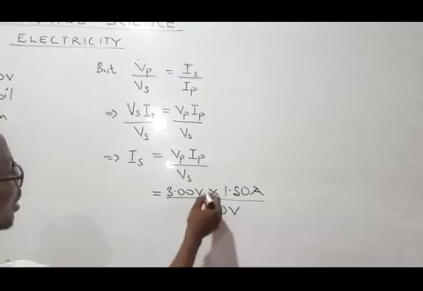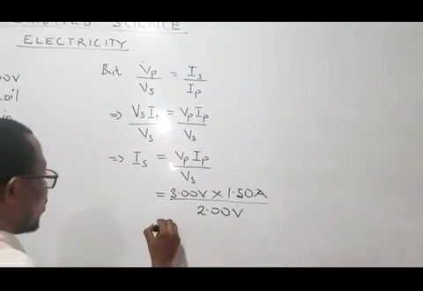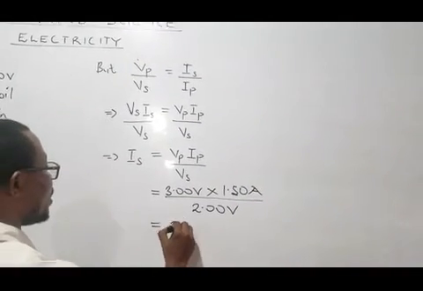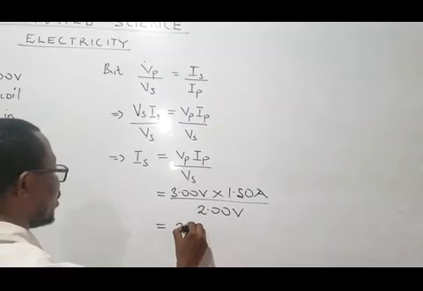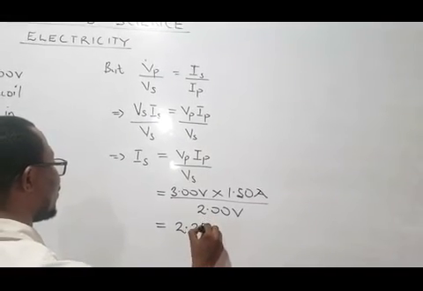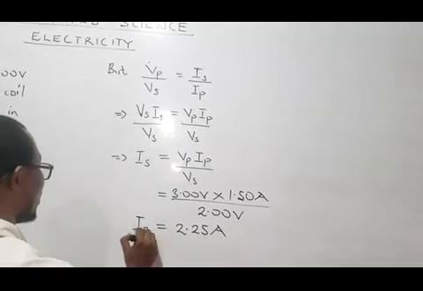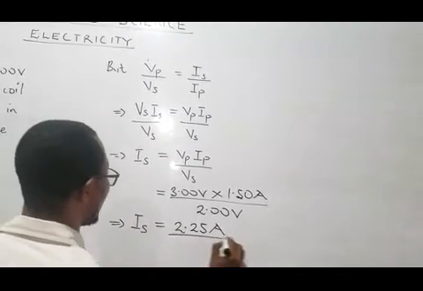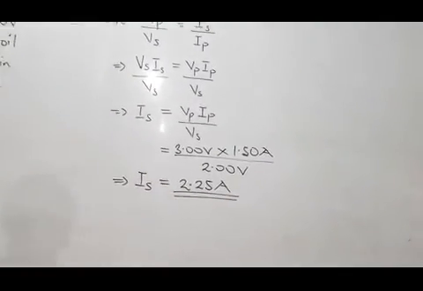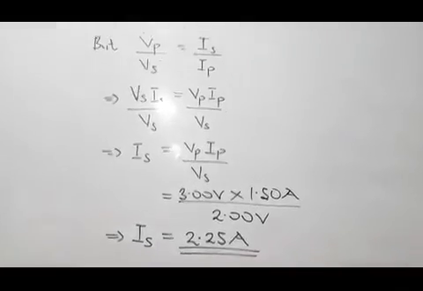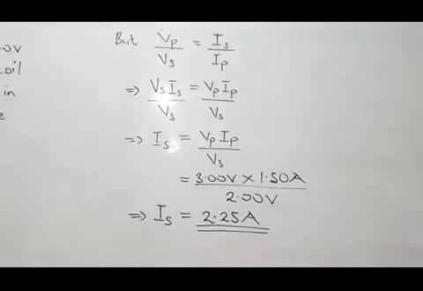So the volts cancel out. You multiply, divide, that will give you 2.25 amperes. Okay, so the current flowing through the secondary coil is equal to 2.25 amperes.